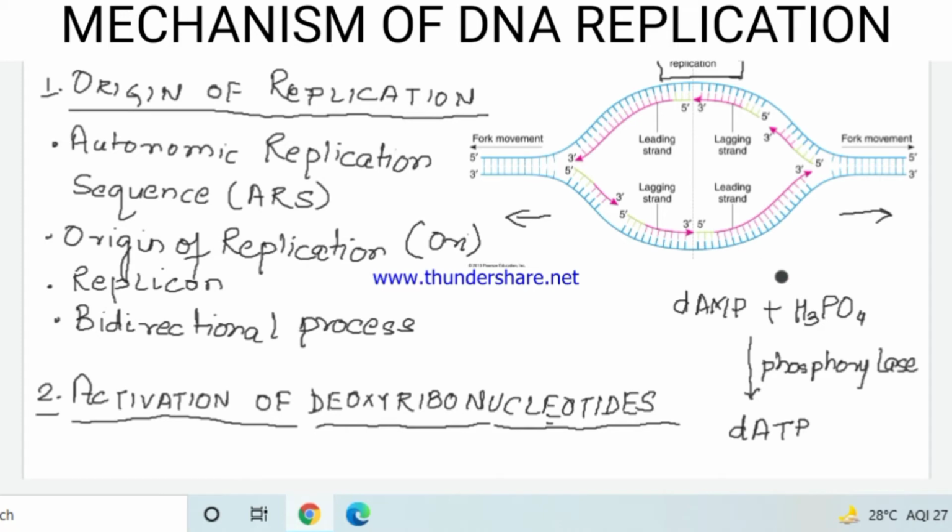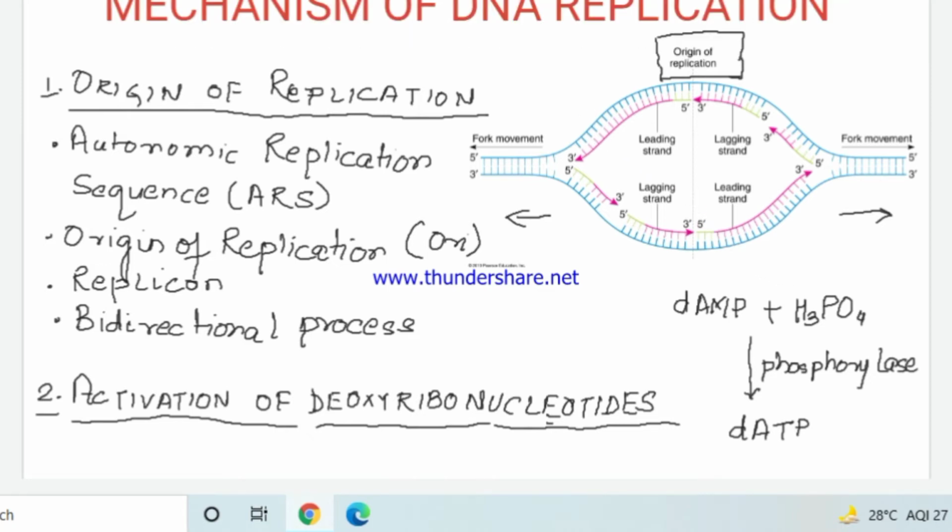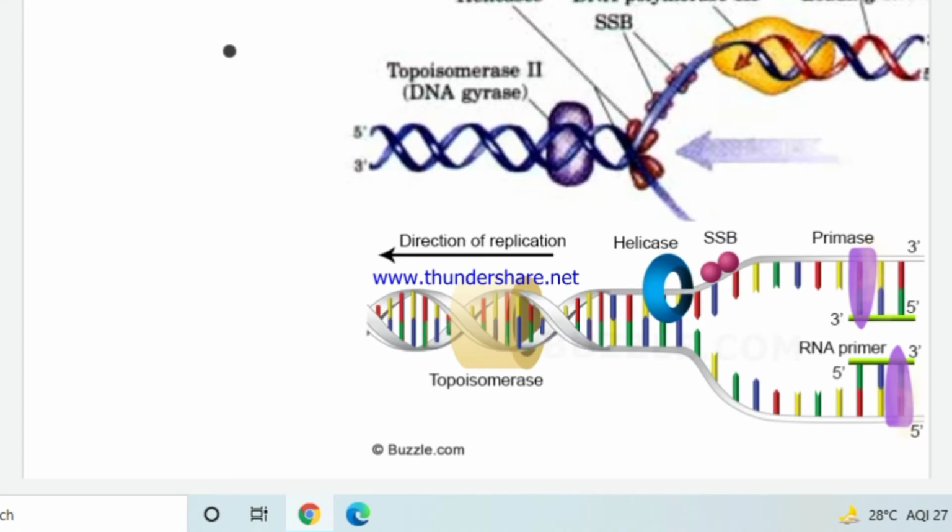This occurs for the DGMP, DCMP and DTMP. So, this process is called activation of deoxyribonucleotides.